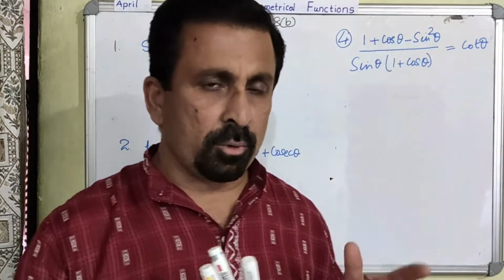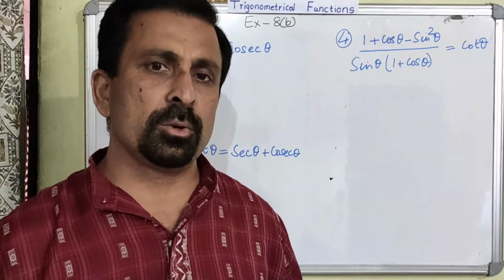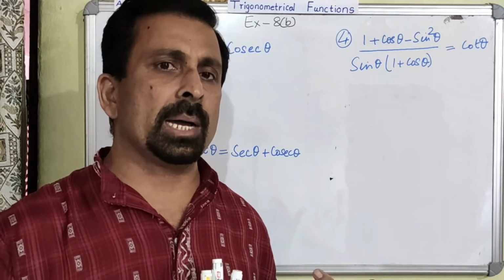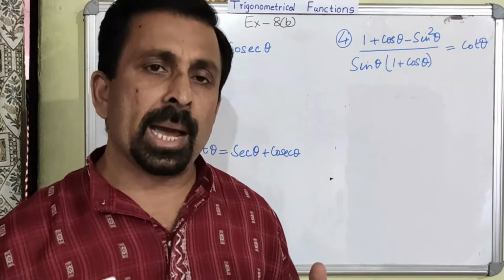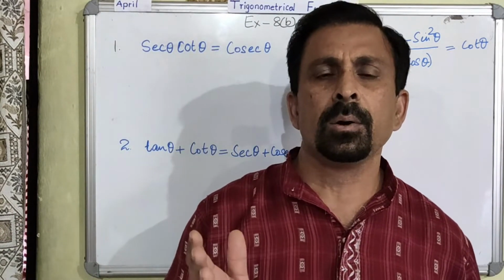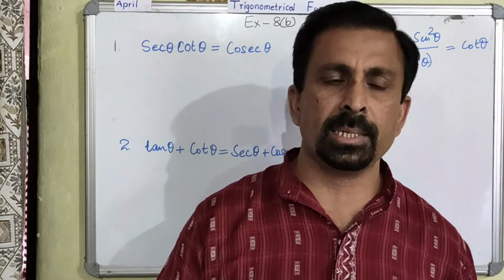So we are going to use those identities wherever it is possible, wherever it is required. By looking at the question, you will be able to decide which trigonometrical identity to use. But at times there are some questions where you will not find any possibility to use the trigonometrical identities.